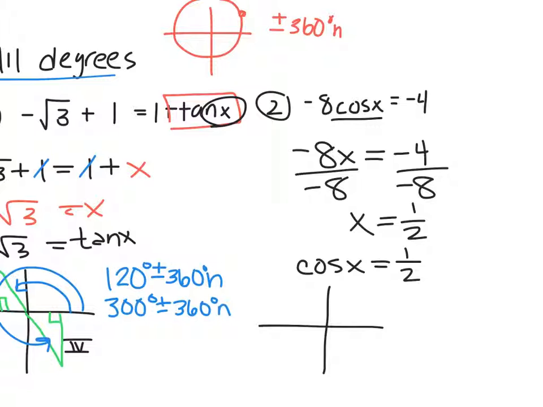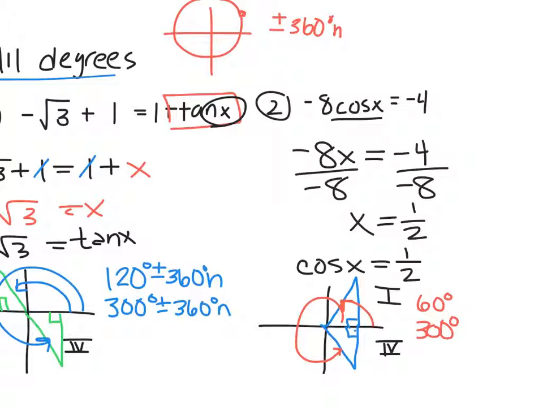That's what it's asking. So x is positive in the first and fourth quadrants. And the cosine is 1/2. Well, actually, the cosine of a 60-degree angle is 1/2. But I have to have a 60-degree angle in the first and fourth quadrant. So my answer is going to be 60 degrees. And then also 300 degrees. But I want all degrees, so I have to add on this plus or minus 360 degrees n.